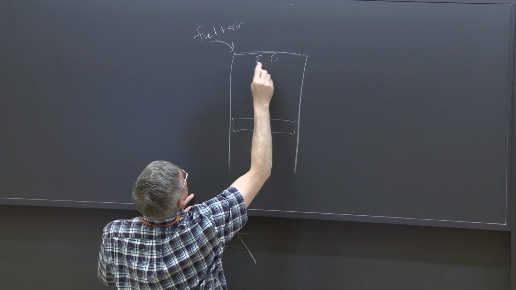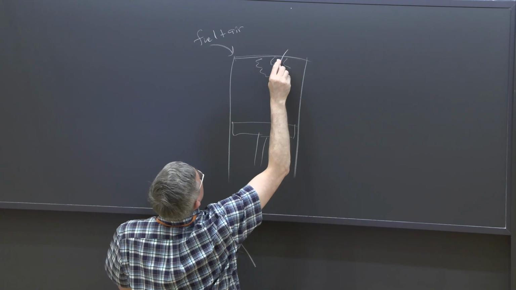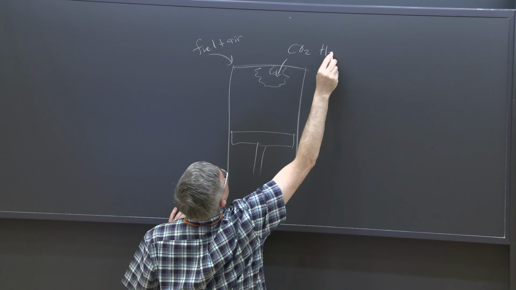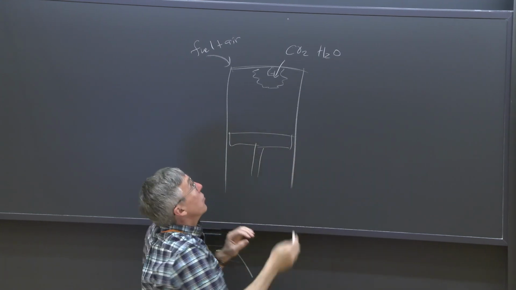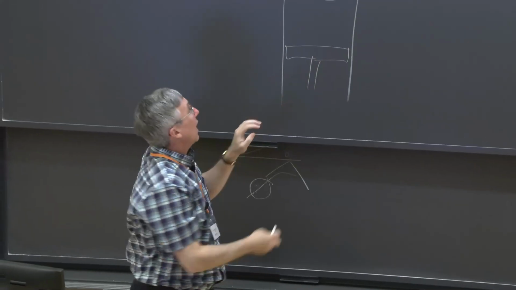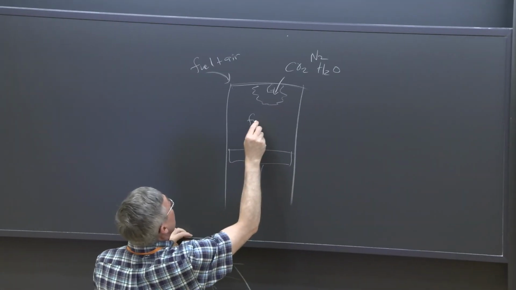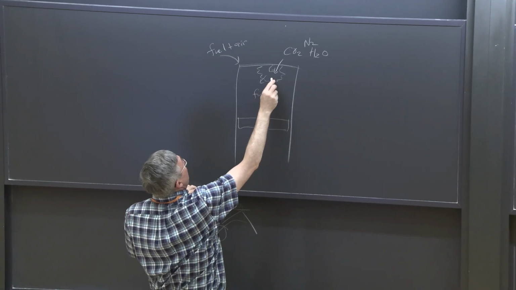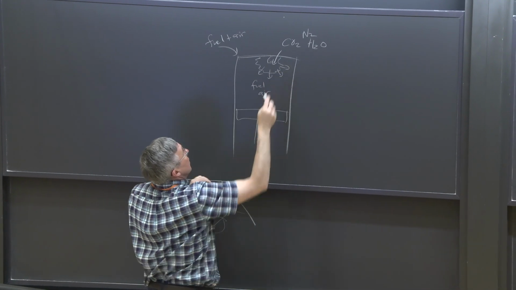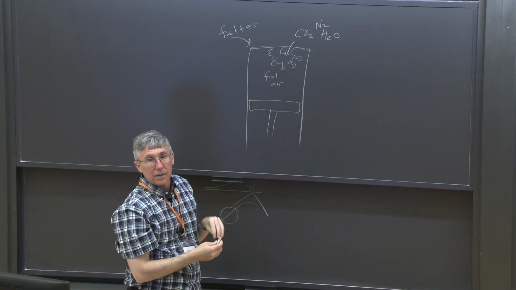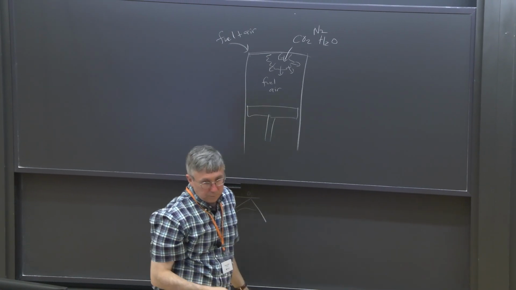What will happen is that this region right here will be CO2 and water and nitrogen from the air. And here will be fuel and air. This flame front is propagating in to convert the fuel and air into exhaust. So that's how that works.